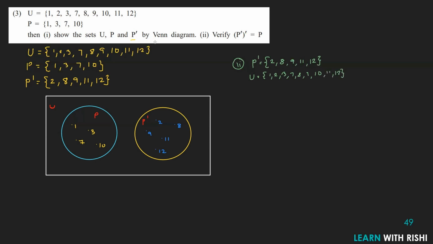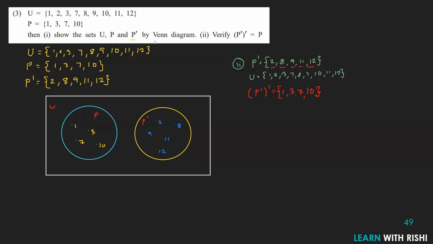Now we have to find the complement of P complement. That means those elements will come which are not included in P complement. So 1 is not included, 2 is there, 3 is not included, 7 is not included, 8 is there, 9 is there, 10 is not included, 11 is there, 12 is there. So our set will have the elements 1, 3, 7 and 10.